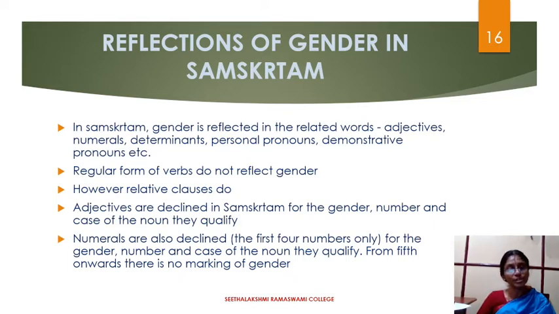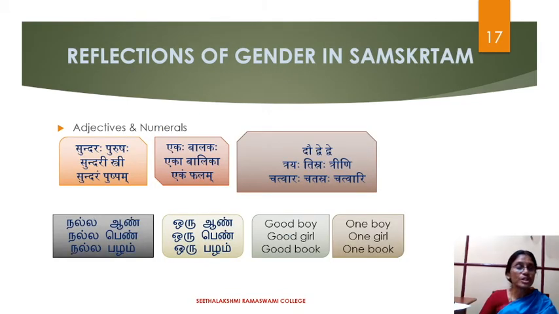That is very important. Similarly, numerals are also declined for gender, number, and case. Of course, this is only for the first four numbers: 1, 2, 3, and 4. From the fifth, it remains the same for all. They are not marked for gender. Now, let us see more illustrations.